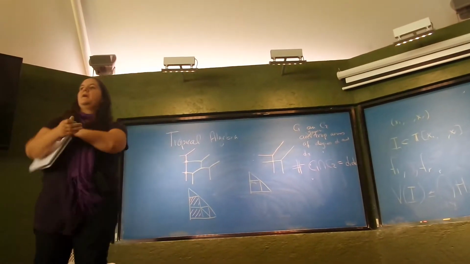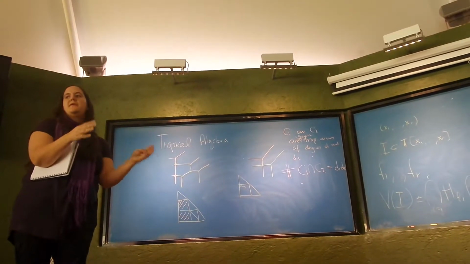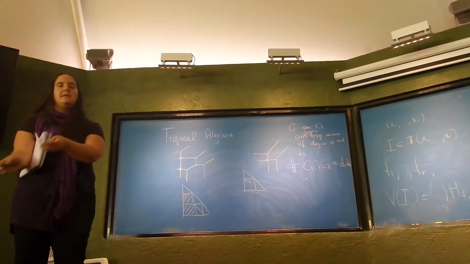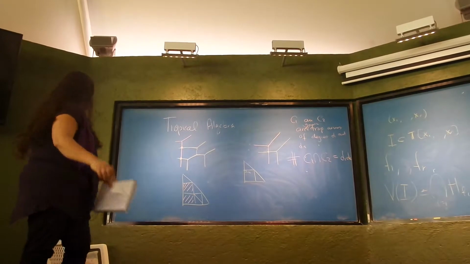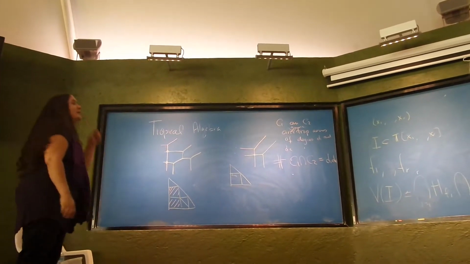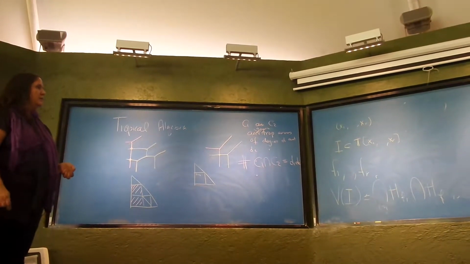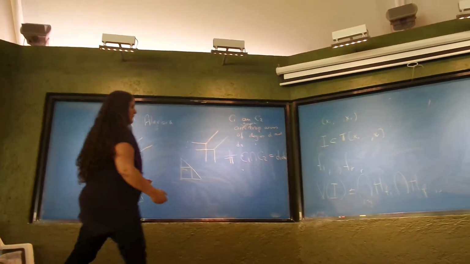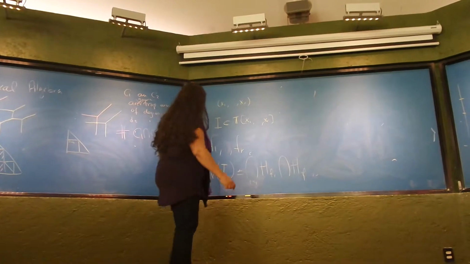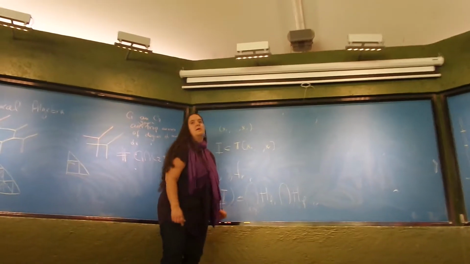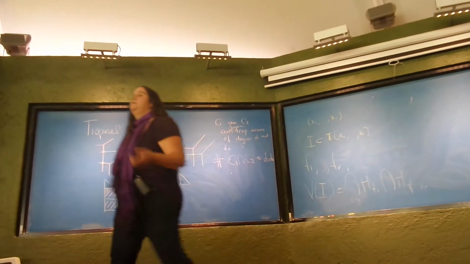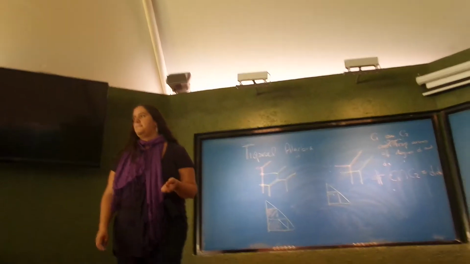For hypersurfaces we have this result: a tropical hypersurface is a balanced rational polyhedral complex. But in higher dimension we don't have the result. It's not true that every balanced polyhedral complex is tropical.